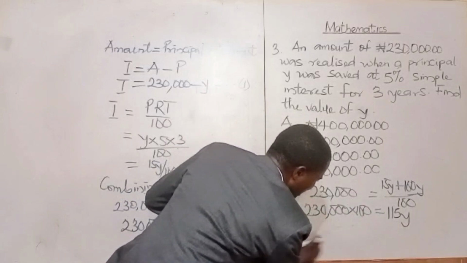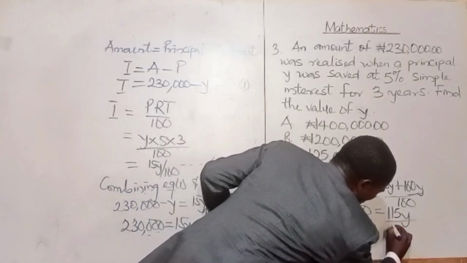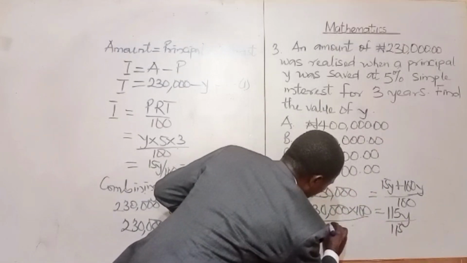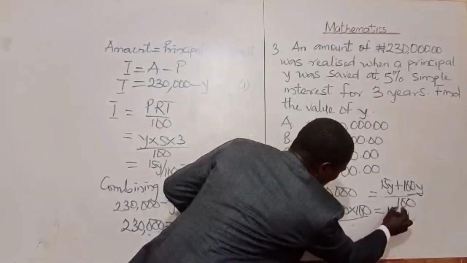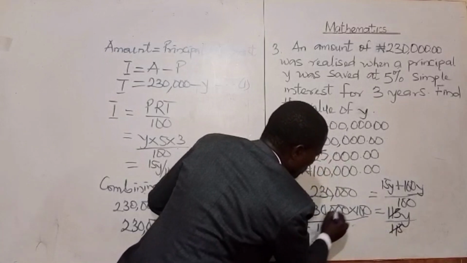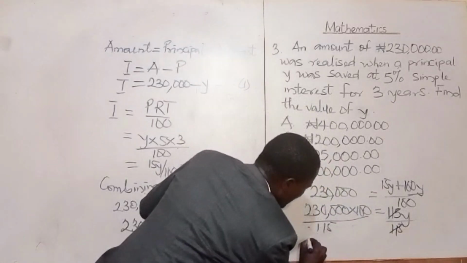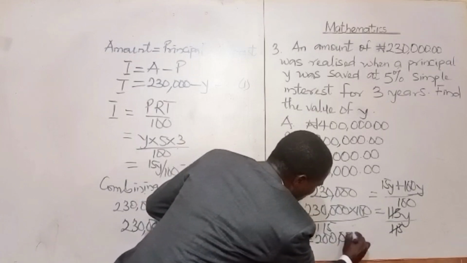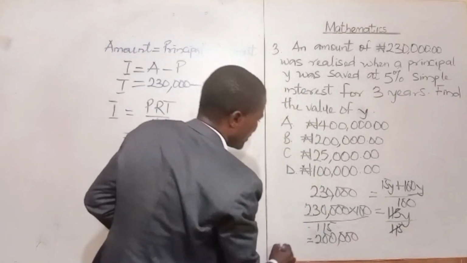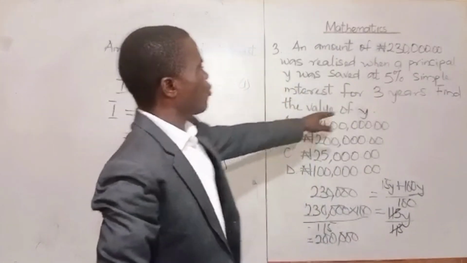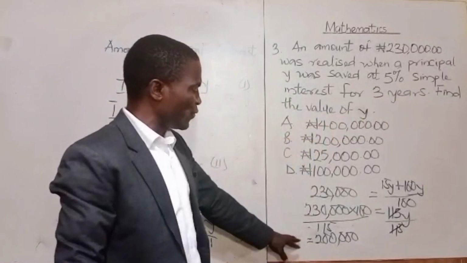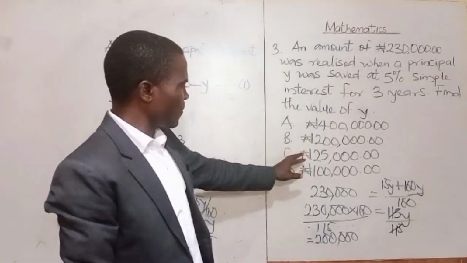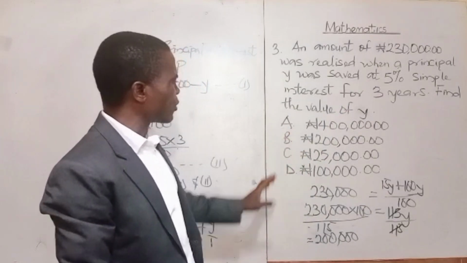This one cancels this one, that is 1, and using this one to cancel this one, definitely I'm going to get 200,000. That means the principal, which is y, that they said I should look for, is now 200,000.